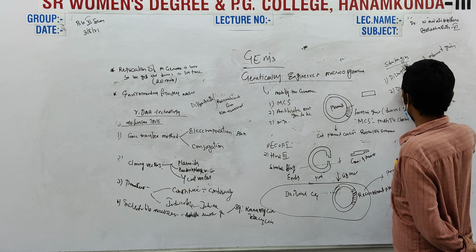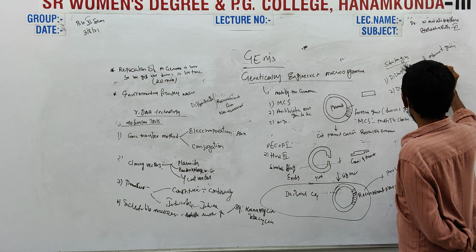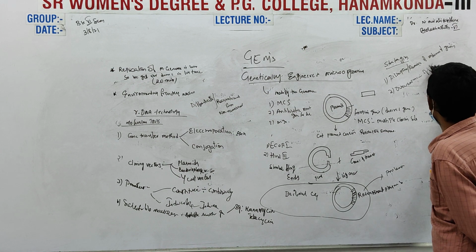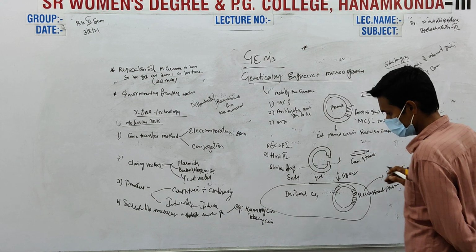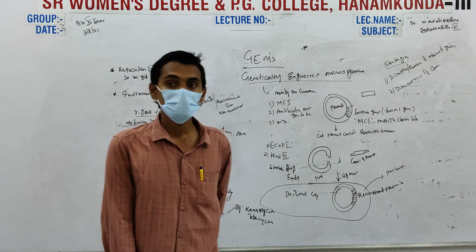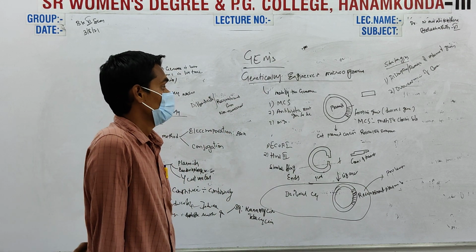The next one is overexpression of genes. So these are the two strategies we employ for the introduction of foreign gene into the host system.